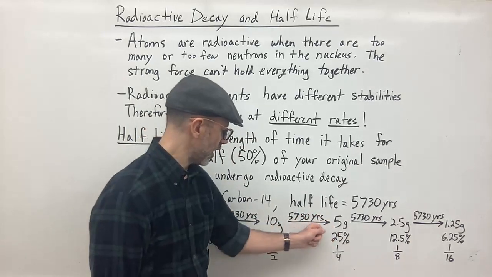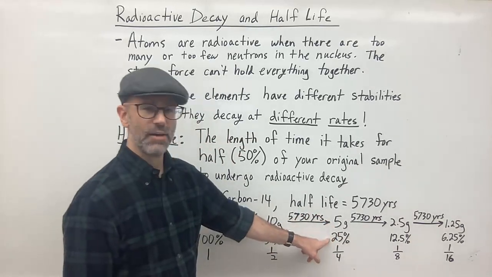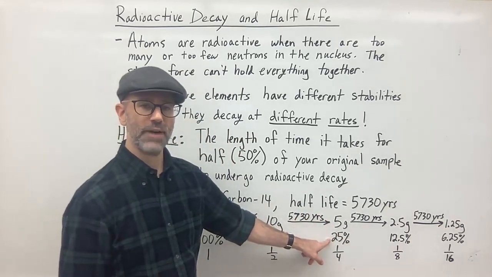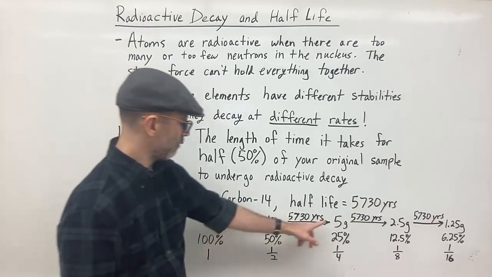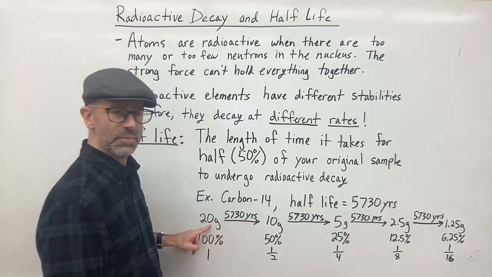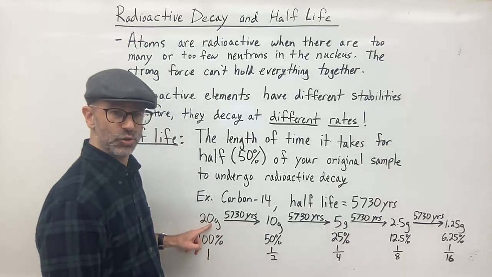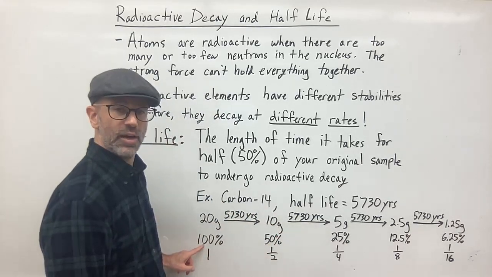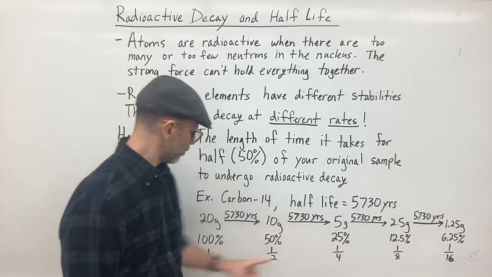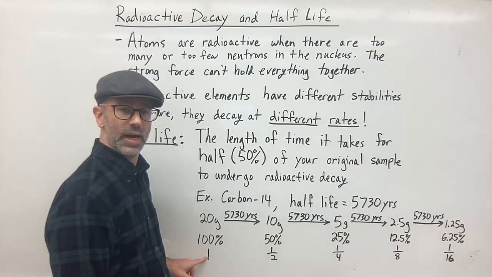So that's another half-life. And now I have 1/4 or 25% left of my original sample. So 5 grams is 25% of the original 20. So that's 25% of the original 100, or 1/4 of the original 1 that I started with.